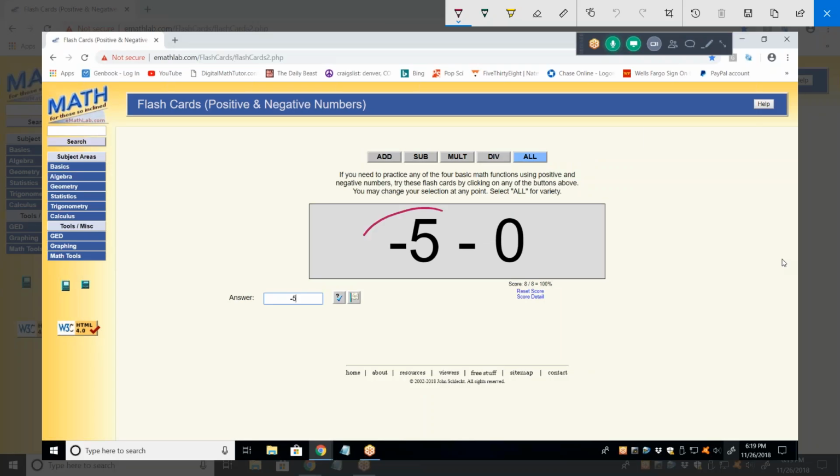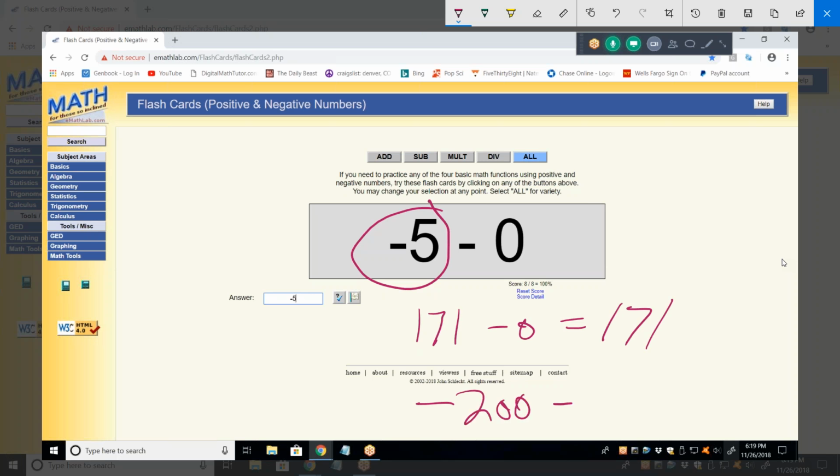If I had 171 minus 0, that's 171. If I got -200 minus 0, that's -200. And even if it's plus 0, it's still -200. 0 is nothing, so whether you're adding or subtracting it doesn't change the original number.